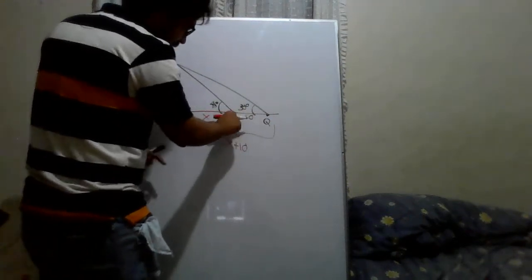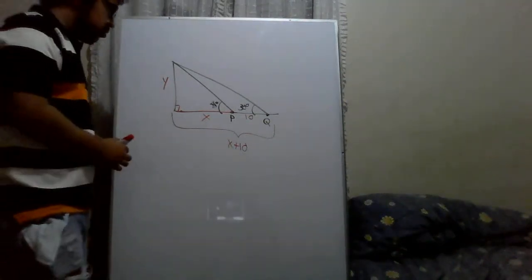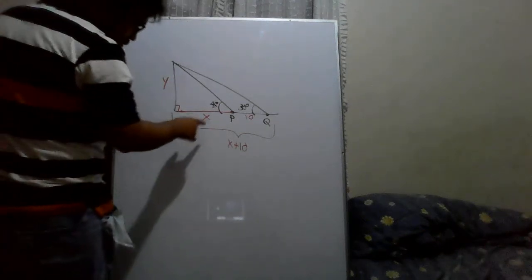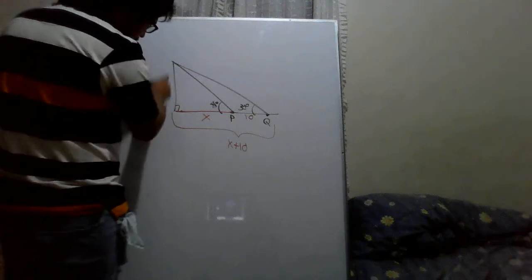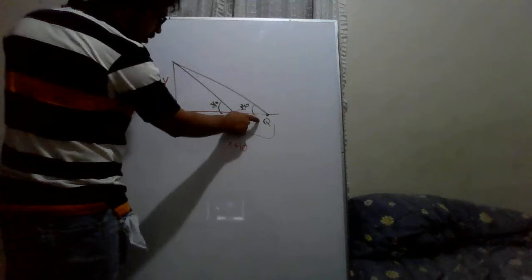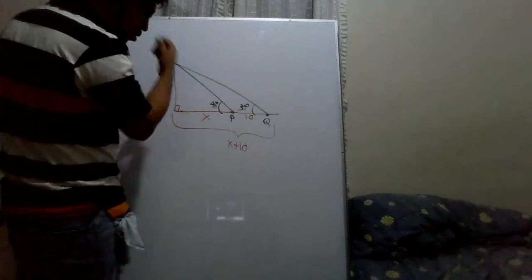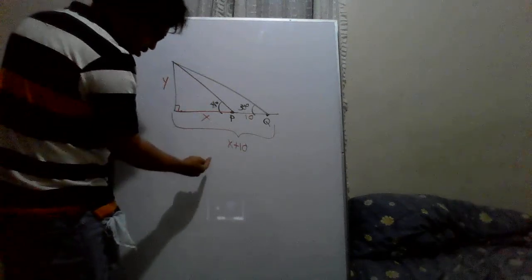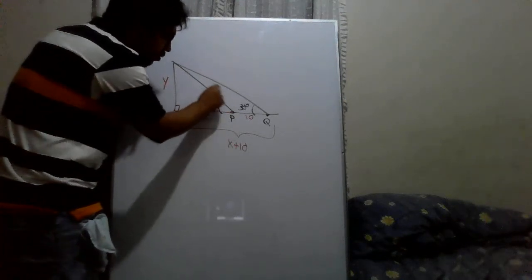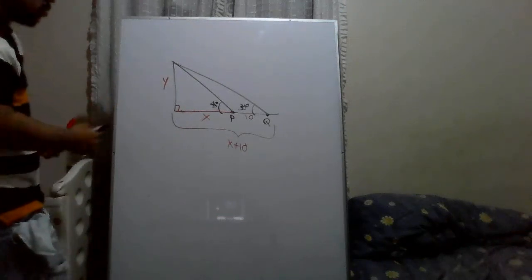So you have two triangles, and you're looking for the opposite leg, and you have information about the adjacent leg. So I think using the tangent is the strategy to follow, because you are not interested in the hypotenuse, even though you have information about it. So use the tangent.